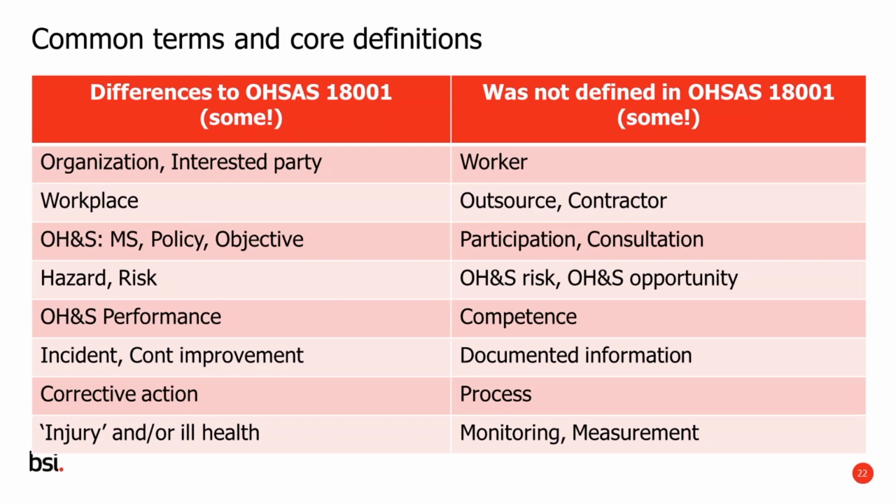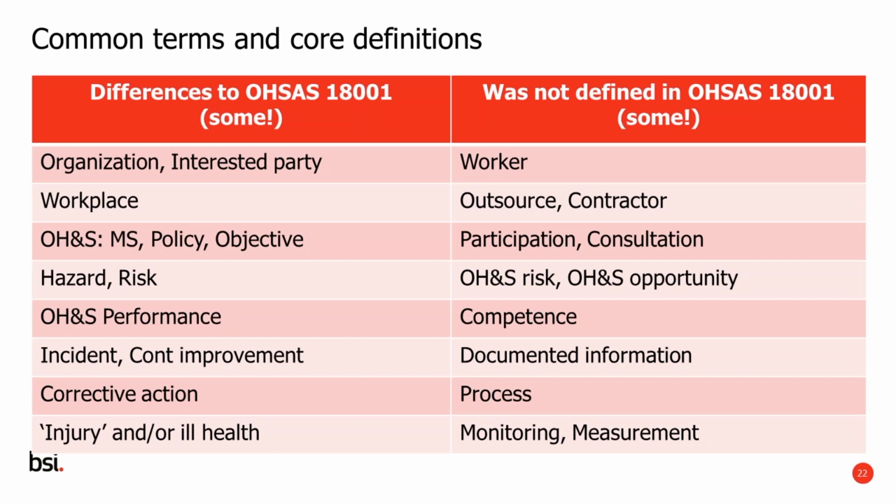That's to line up with the high-level structure. To address that, they've now defined what an occupational health and safety risk is. But alongside that, you've got occupational opportunities as well. That's the positive effects, the opportunities to improve that you need to identify.